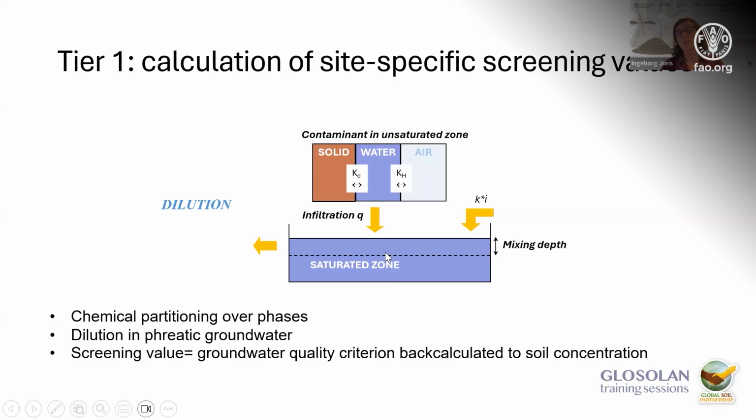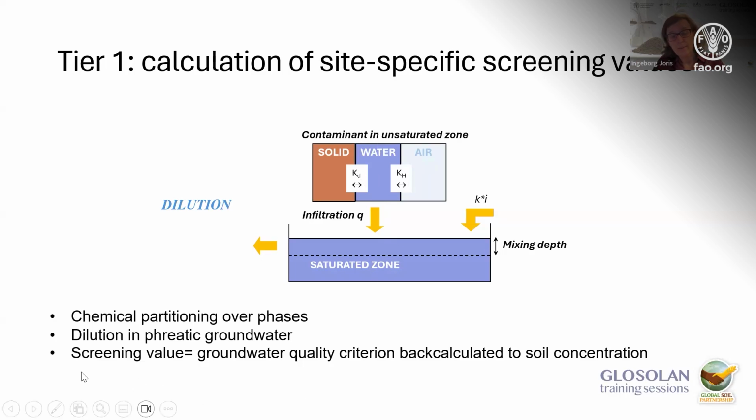and the concentration of the liquid phase is in contact with the groundwater. Now you just assume, okay, this is in contact with the groundwater. The only thing that happens is that you go from the soil into a large volume of groundwater, so you have dilution. So that's all the processes: chemical partitioning and dilution.